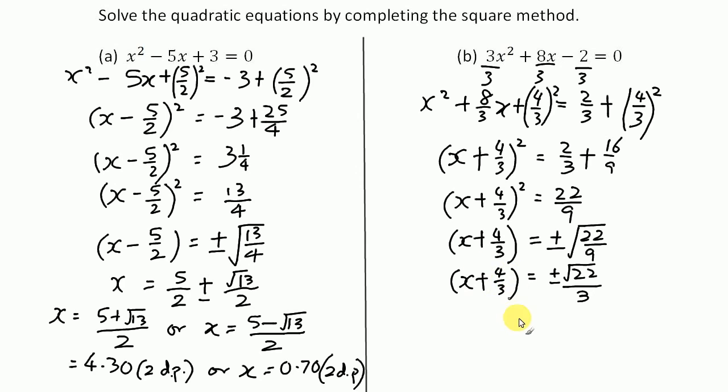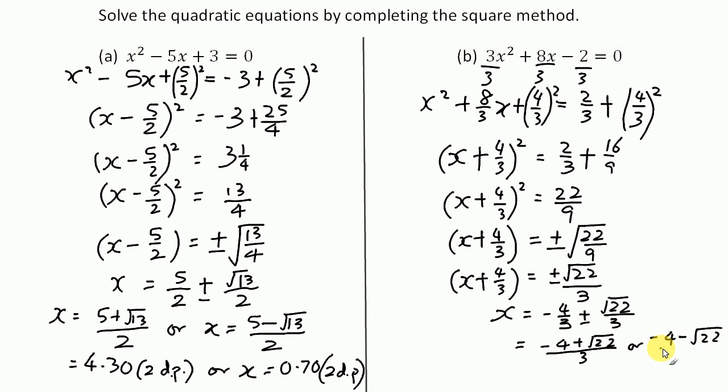Next step, I'll bring the plus 4 over 3 to the right, which should give me negative 4 over 3 plus minus square root of 22 over 3, which should give me two answers: negative 4 plus square root of 22 over 3, or negative 4 minus square root of 22 over 3.